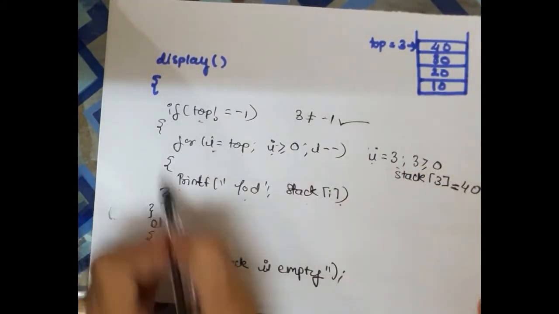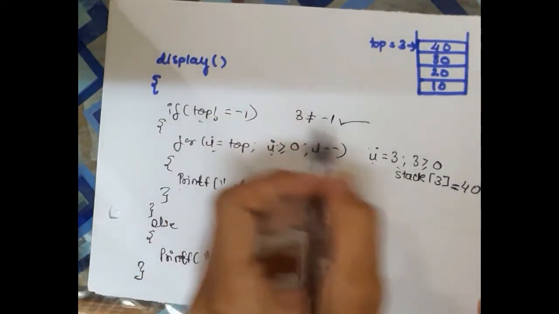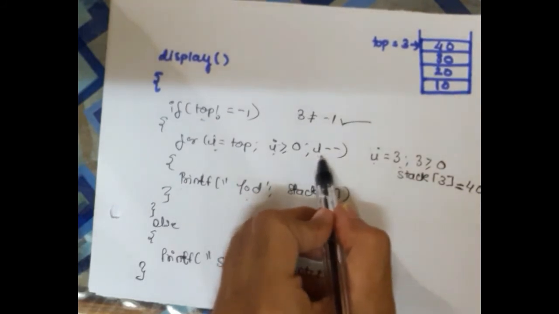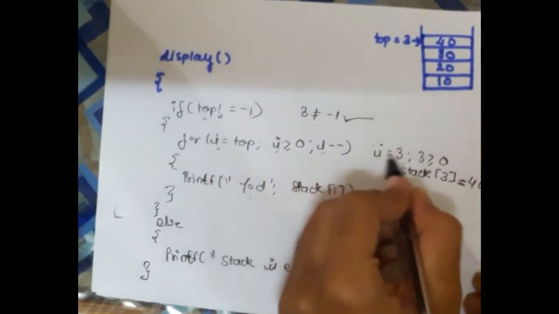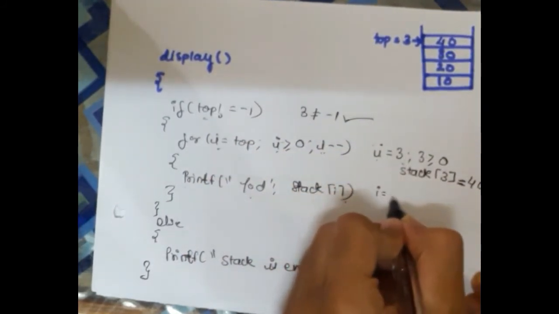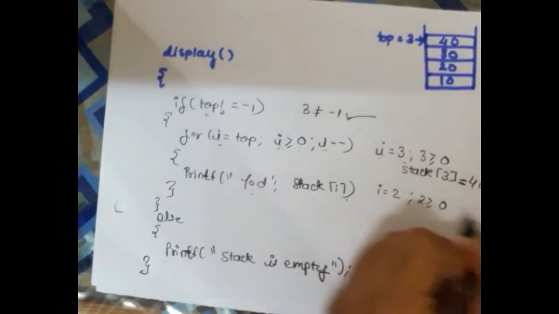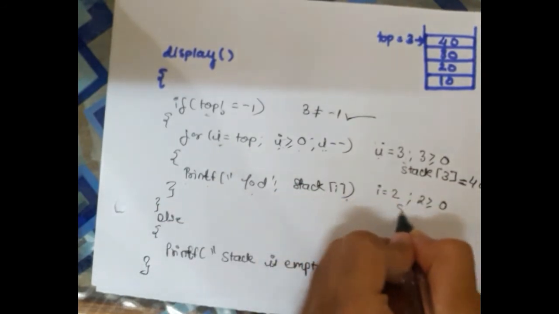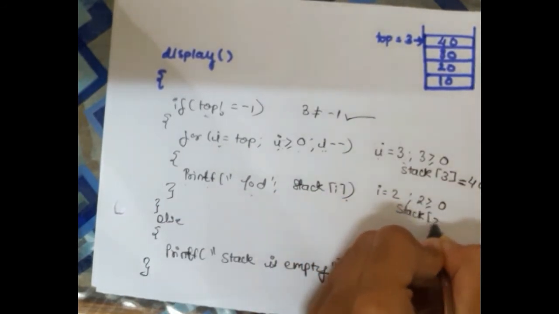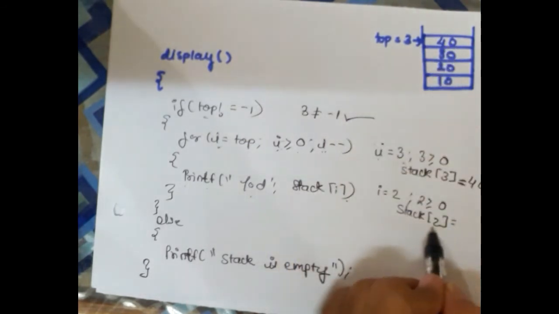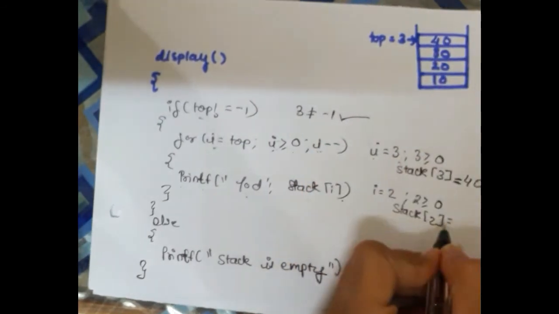Now again, in the second iteration, what will happen? I minus minus. So now I is 2, right? And 2 is greater than equal to 0, right? Now again printf stack of 2. The element at the second position is 30.